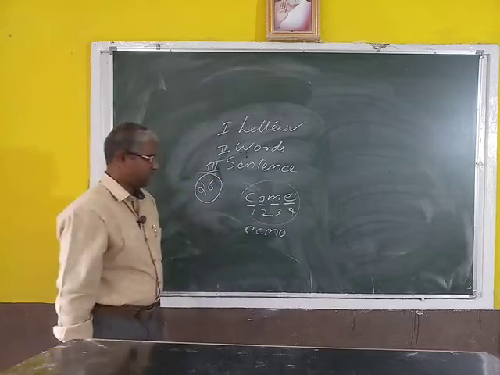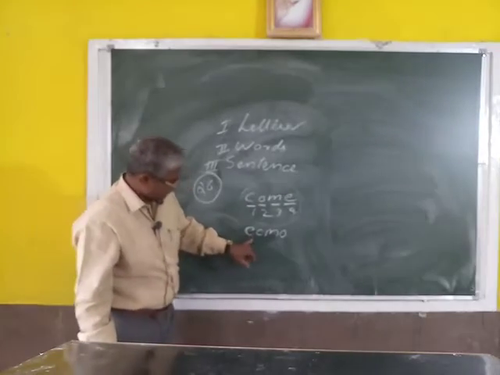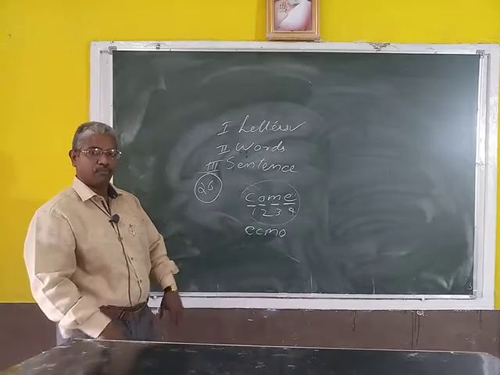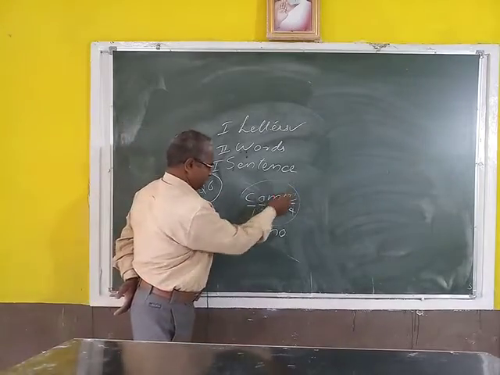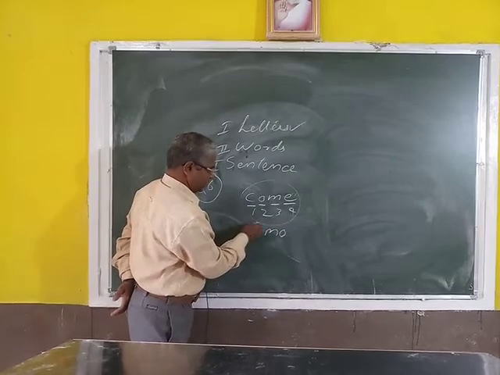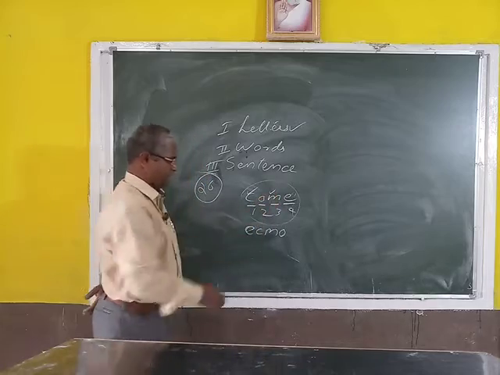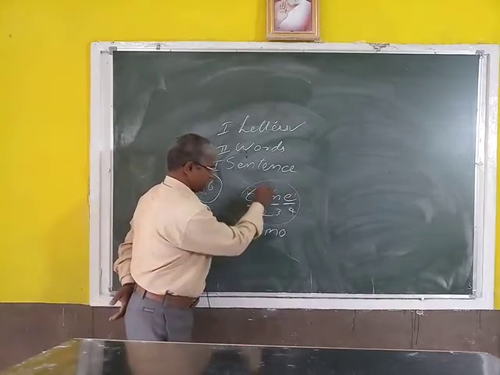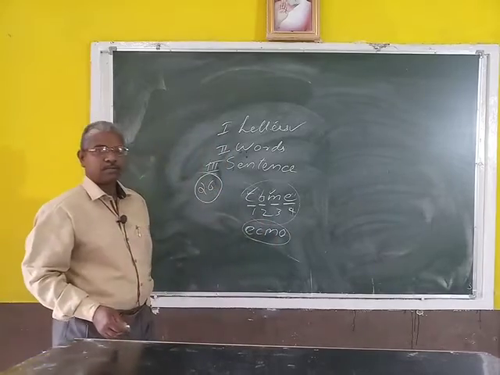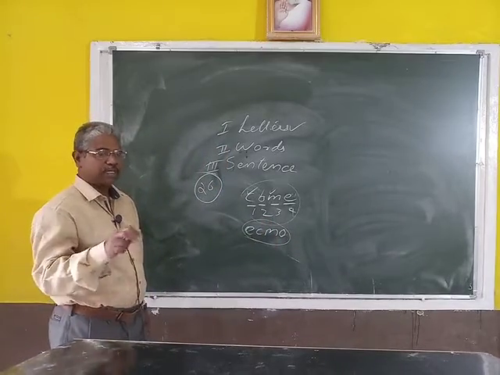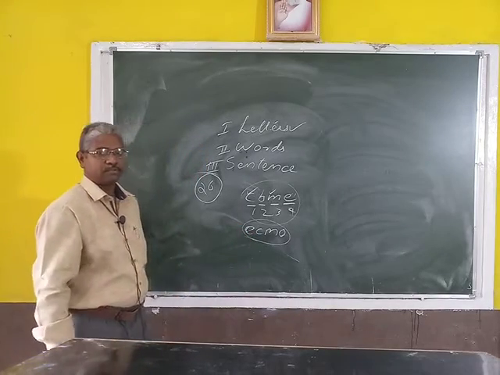E-C-M-O. In another way, we can write these letters in another way. First, we write E, second C, third M, and fourth O, and it is also a group of letters. But we can't say it is a word because there is no meaning inside.